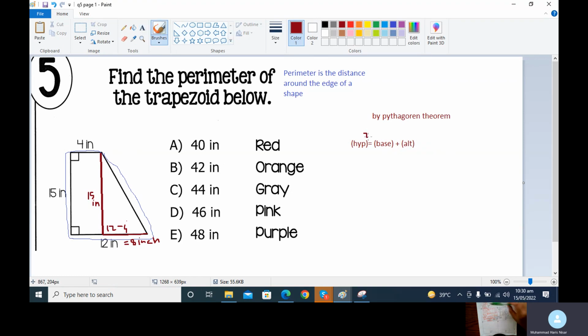So this is the problem actually. We can label the hypotenuse as C, base as A, and this as altitude B. So it will be written as C square is equal to base A square and altitude B square.